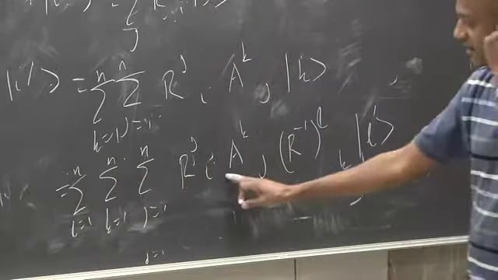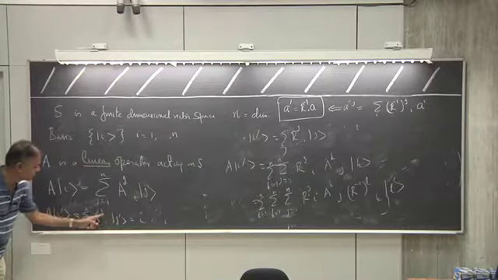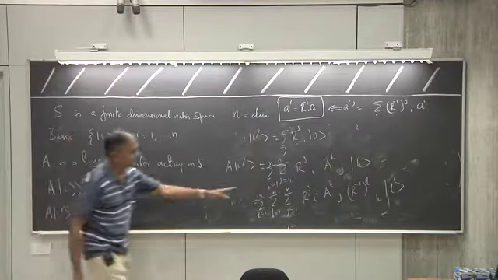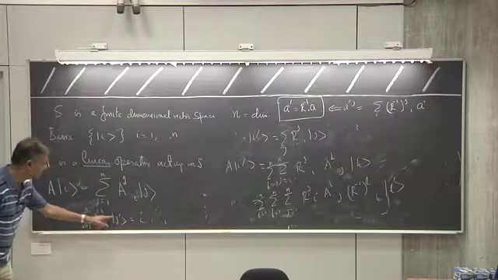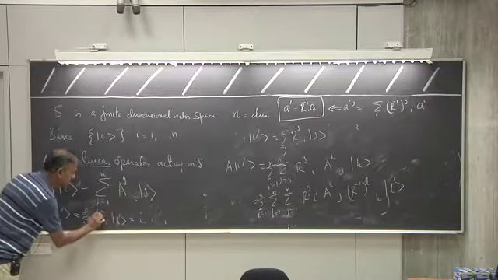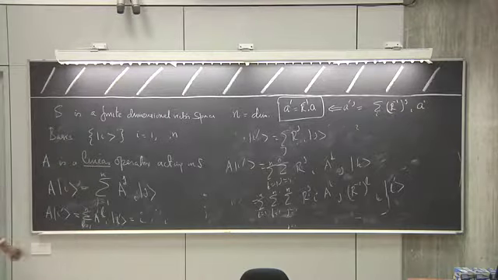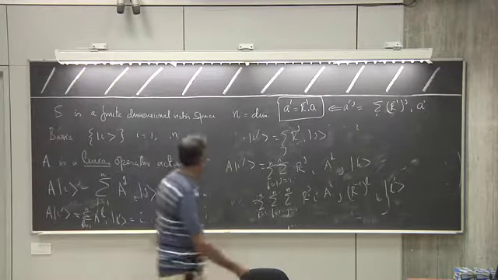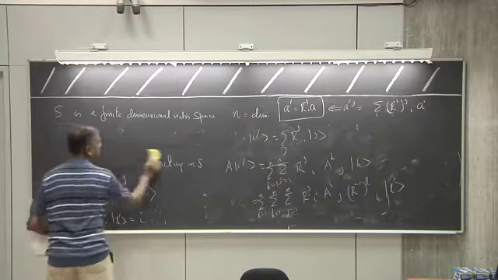Okay. Now I can compare these two. Here I put index j, but there it is appearing l prime. So it is convenient to just rewrite j with l. So I just write l here. And now we get the relation. So the conclusion therefore is from here. I can erase this part here.